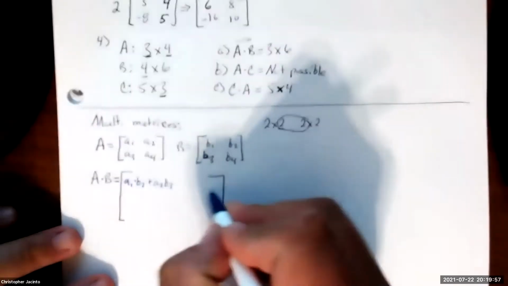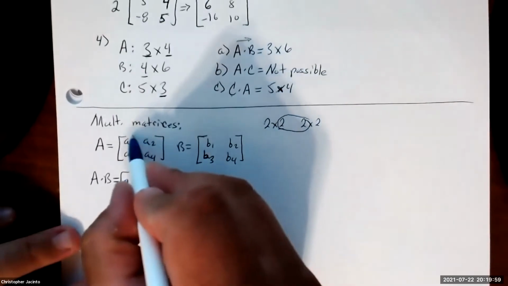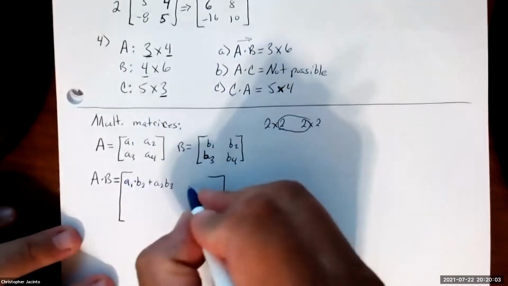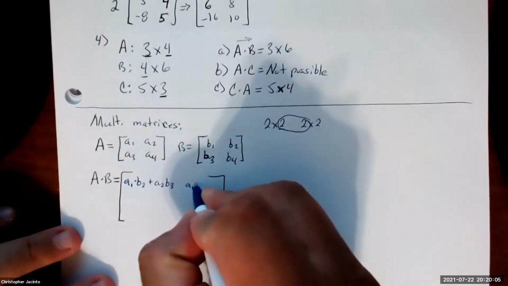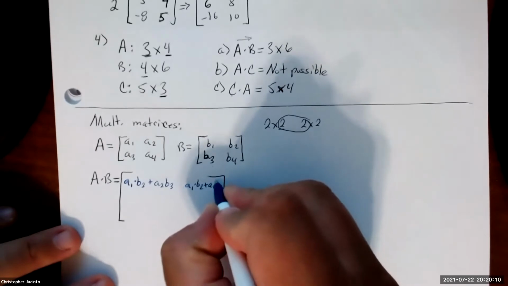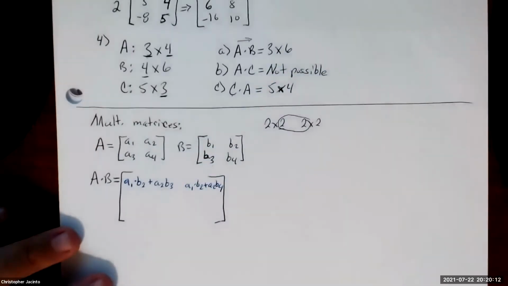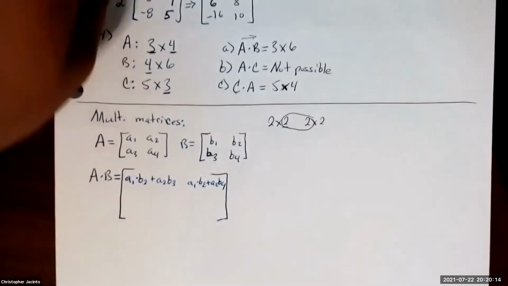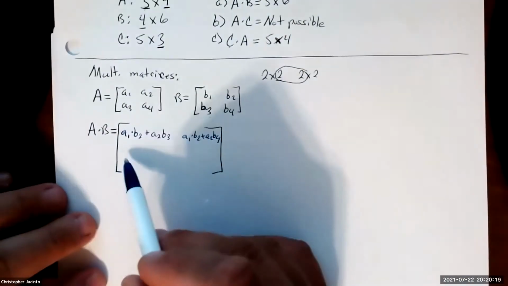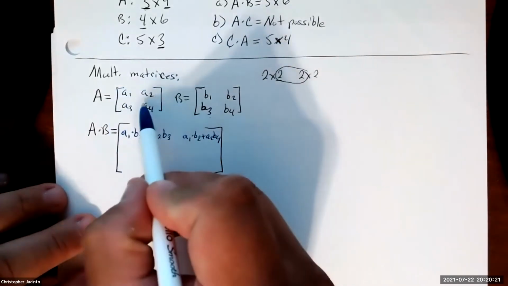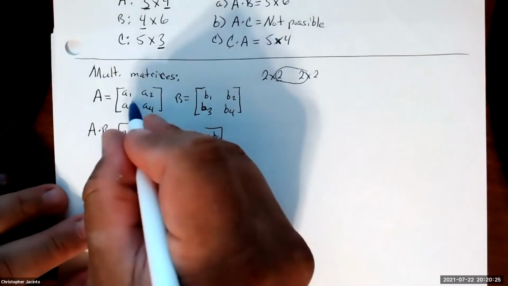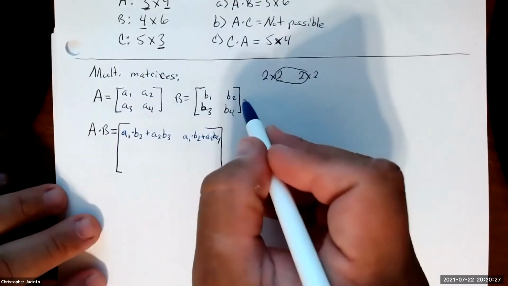The second entry here is going to be, again, this first row times this second column, or in other words, A1 times B2 plus A2 times B4. And believe it or not, we're going to mimic what we just did for the bottom ones. So instead of using this row, we're going to use this one here. For the next 2 entries, it's going to be this row times each respective column.